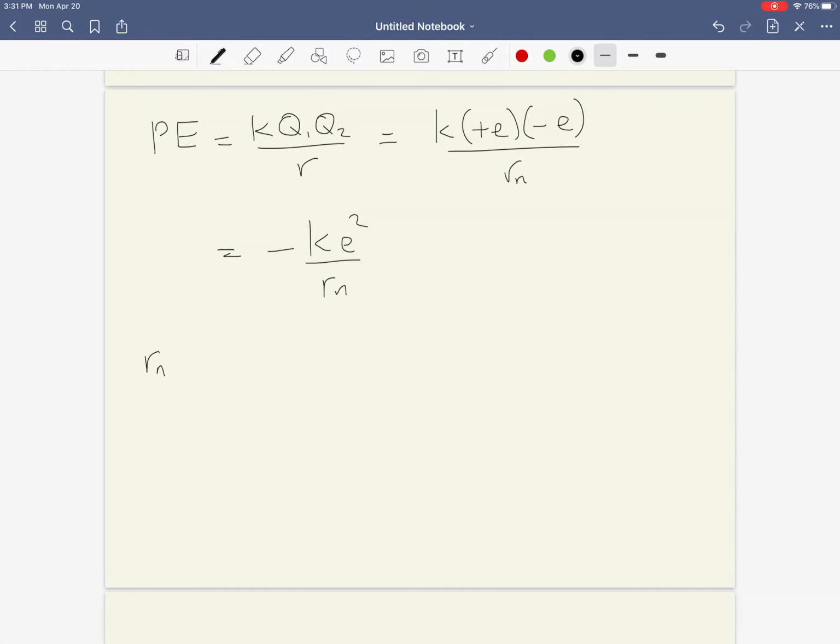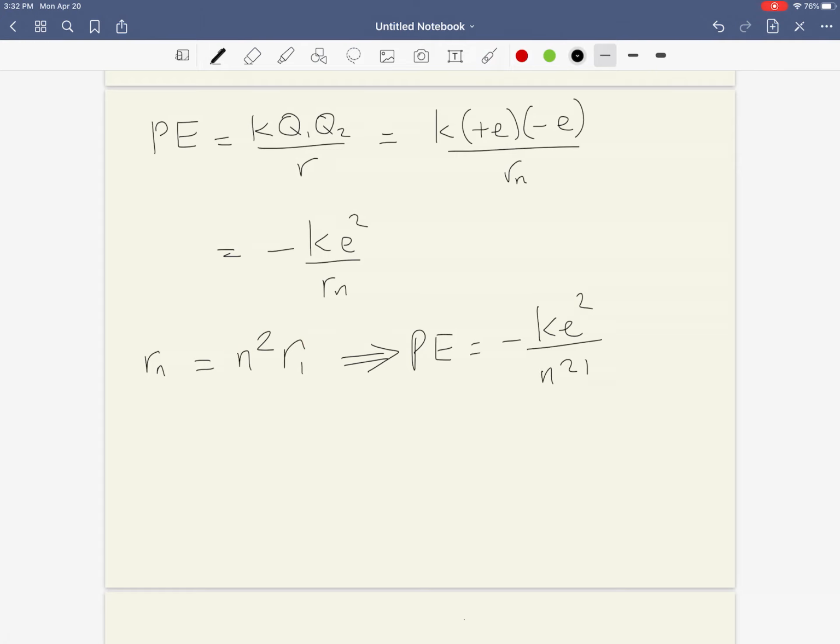But you recall that R sub n, we've already determined this. R sub n is n squared times the Bohr radius. So this implies that the potential energy can be written as minus k e squared over, now we put R n equal to n squared R1.